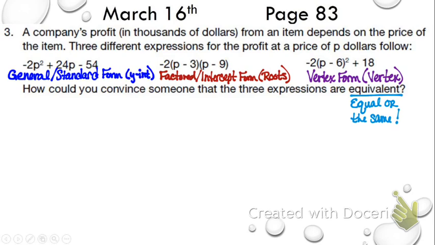Can we go the other way, from factored form into general form? Most of the time, yeah. Can we go from general form into vertex form? Not as easily. We haven't talked about it formally in this class. You talked about it in Algebra 1 and Algebra 2, but we haven't reviewed how to do that yet. There is a way. Can we get from vertex form into general form? Yeah, that's much more straightforward.